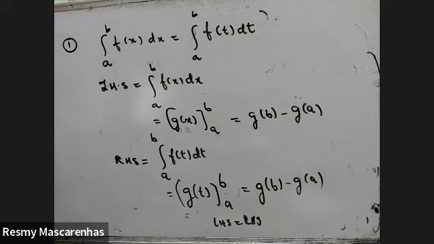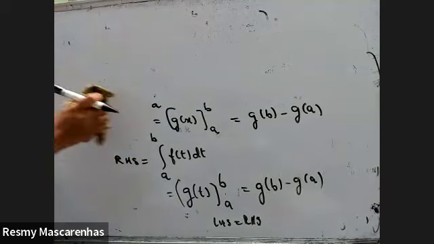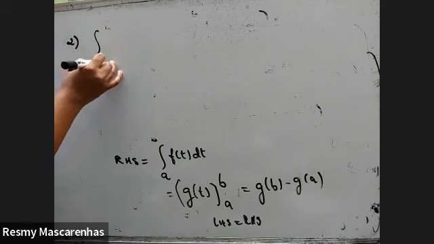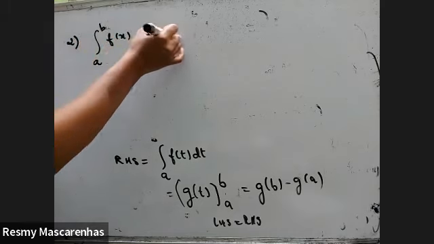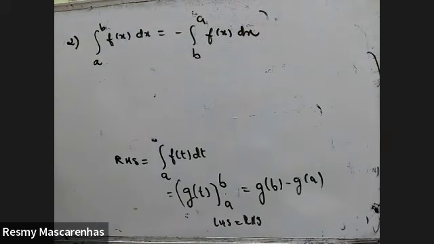Second one. What happens is, if you change the limits now, if you reverse the limits, the answer will become negative.